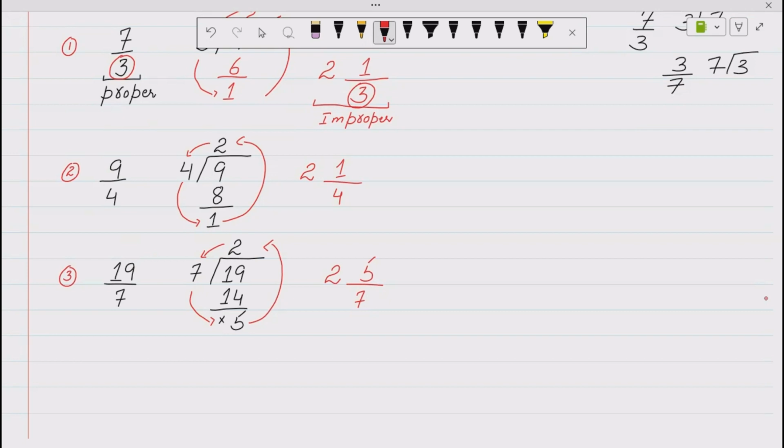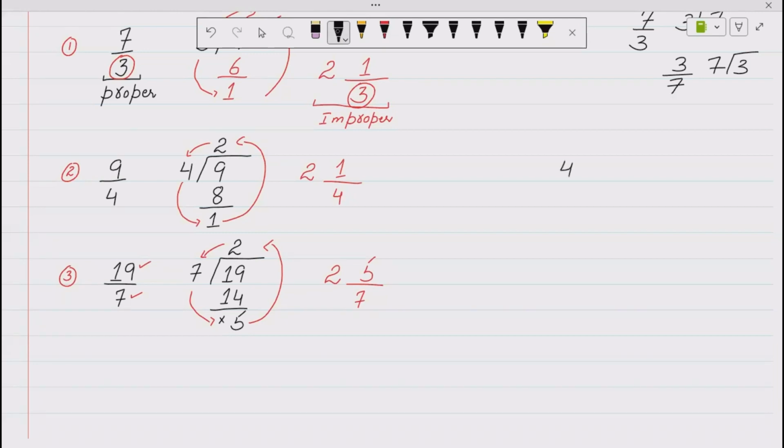So I take the numerator big, denominator small. Likewise, in 9 upon 4, 9 is big, 4 is small. Likewise, in 19 upon 7, I take 19 as the numerator, which is big, and 7 as the denominator, which is small. But why can't I take it like this?